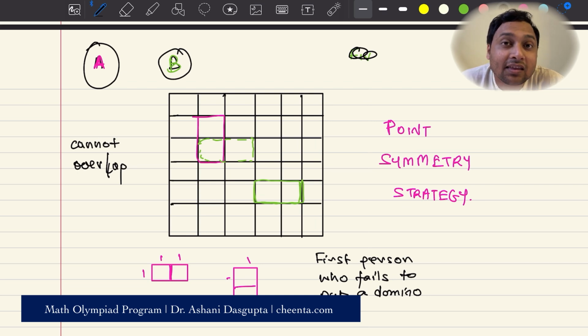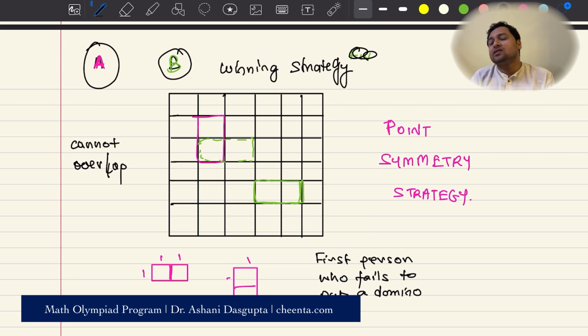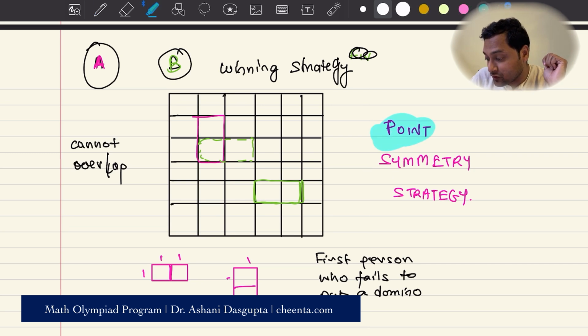The question is, which player has a winning strategy? And therein comes the point symmetry method, which is so beautiful.